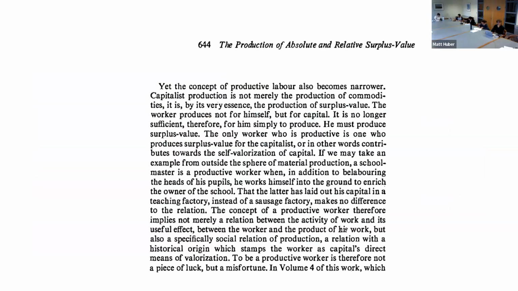So we really want to think broadly about what production means in this analysis, because it's not just material production. It's anyone producing any kind of commodity that's offered for sale that is generating surplus value for a capitalist.